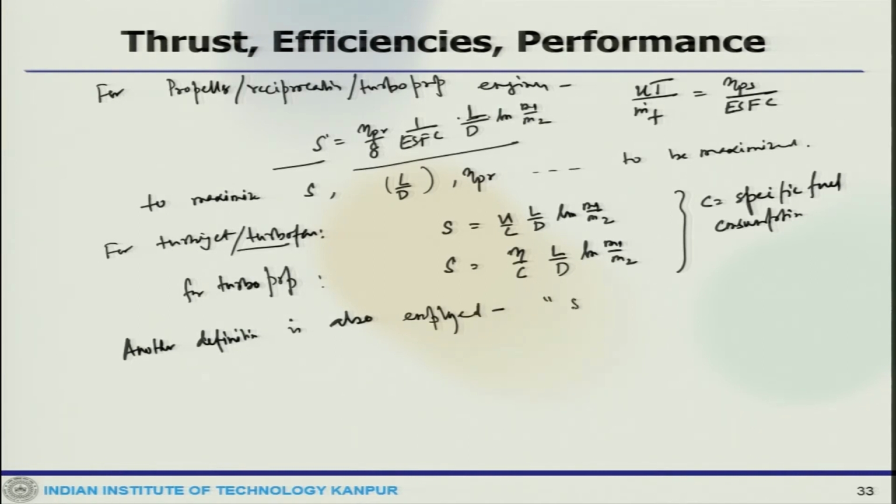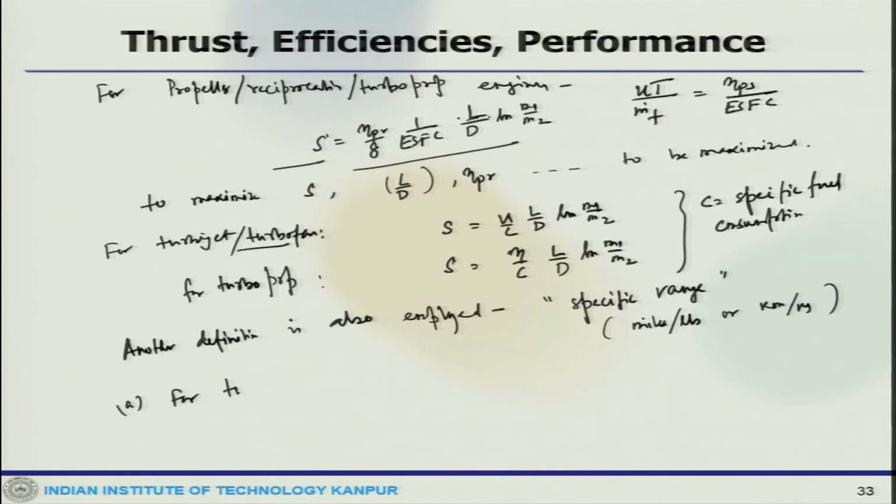That is given as either miles per pound of fuel or kilometers per kg of fuel consumption.